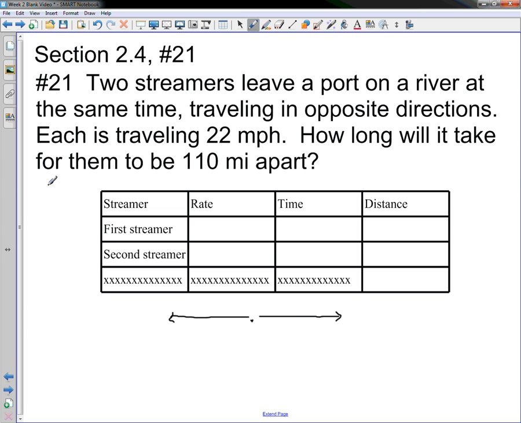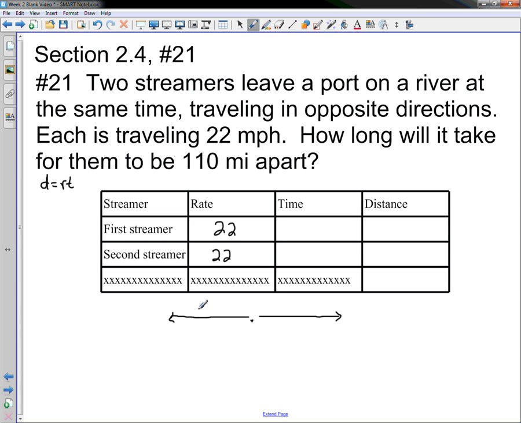So we have d equals r times t. Distance equals the rate times the time. So the rate for the first one is 22. Rate for the second one is 22. Okay, it told us that both of the rates were 22. Now it tells us time. Well, it doesn't tell us the time. It tells us they leave at the same time.